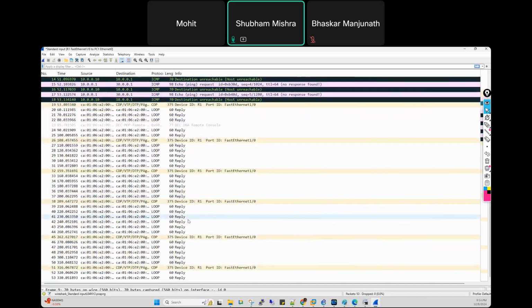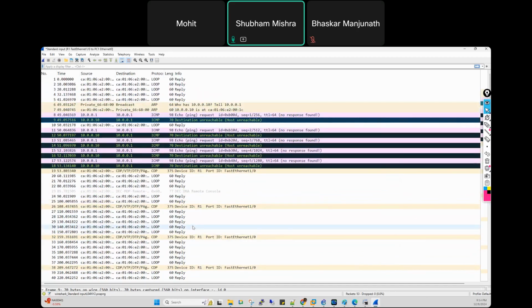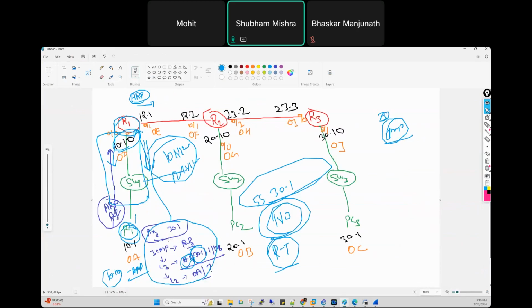Is this clear, guys? Now, what is the solution, guys? The solution is that on router number 1, you need to perform the IP routing.